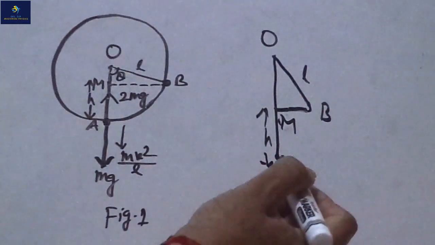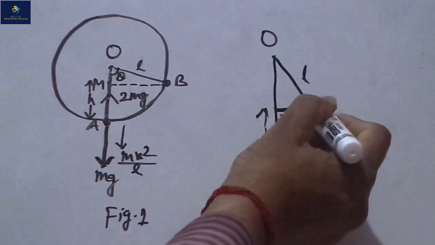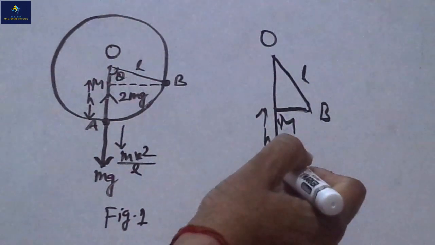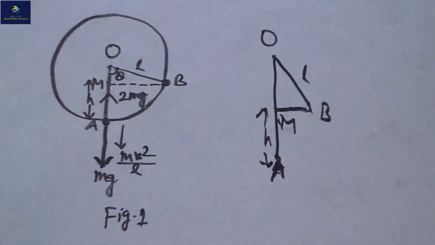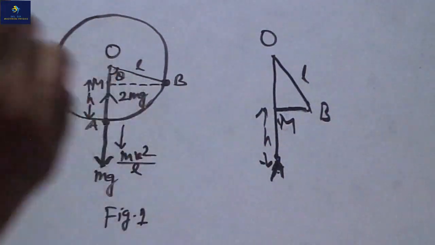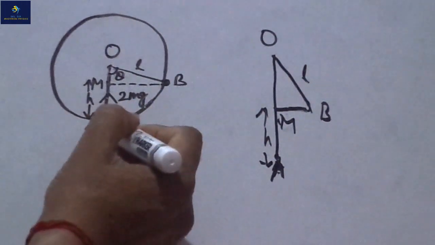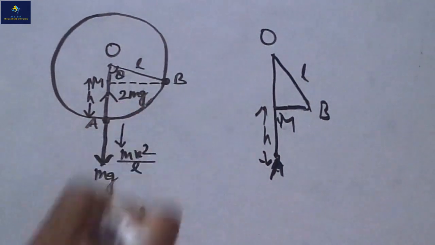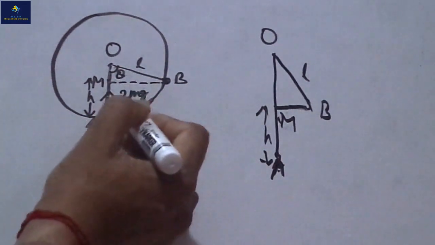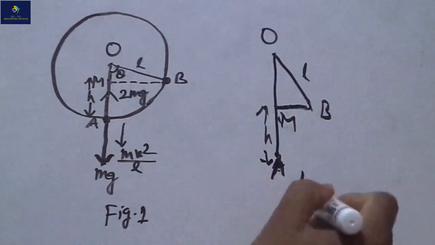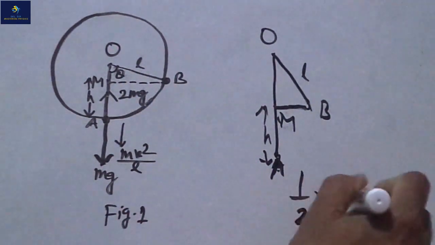As it moves from the position A to the position B, the kinetic energy it has at the point A is converted into potential energy because of the gain of this height h. So if we suppose the velocity at the lowest position, where the breaking strength is given as 2 mg, then the kinetic energy it gains is half mv square.